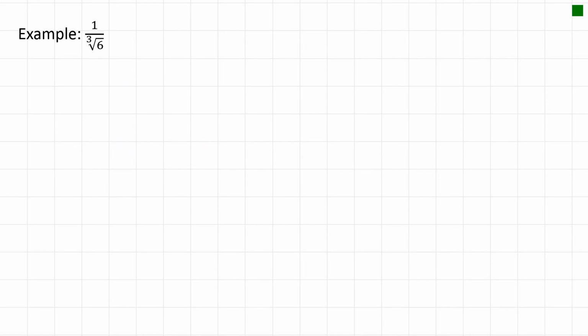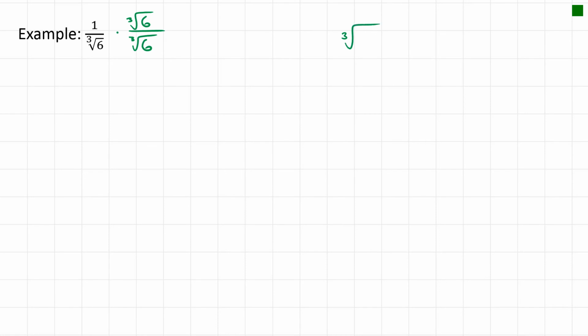And then the final example I want to talk about. We've so far been dealing with just square roots, but we can use the same principle to get rid of cubed roots, only it's a little bit different, because multiplying top and bottom by the cubed root of 6 over the cubed root of 6 actually doesn't cancel the radicals.